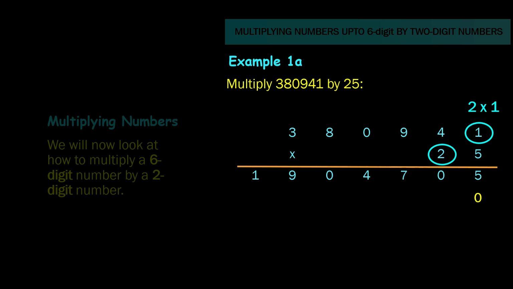So 2 times 1 equals 2. Position this to the left of the 0 as shown. 2 times 4 is 8. Position this to the left of the previous digit as shown. Now continue in the same way until you reach the very end.